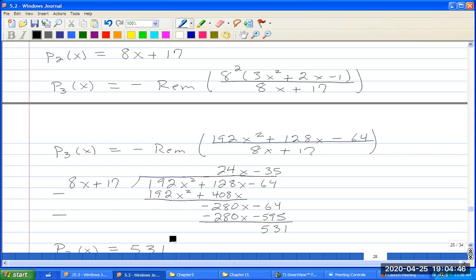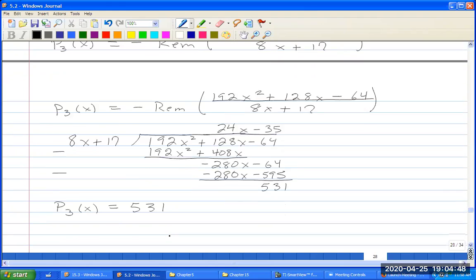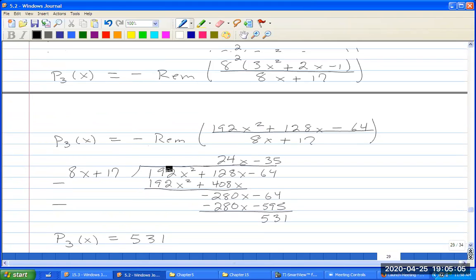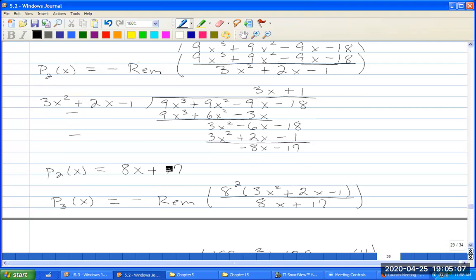So I could do that. Well, maybe I'll show you that. So let's try to do p sub 4. Let's go minus the remainder. What you'll notice is that this was actually the last term in my Sturm sequence. But let's do this.